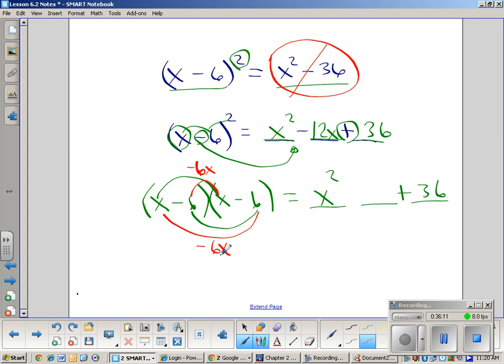So how many negative 6x's do I get? 2 of them. So that's why I say x times 6, the first times the second, times 2, because there's always going to be 2 of them. We don't square it anymore, we just times 2. So the shortcut: square the first, square the last, find the product, times it by 2, that's the middle term. Okay? And so I get minus 12x.